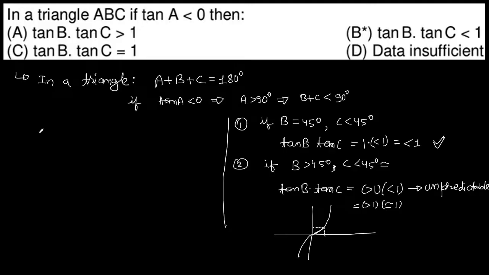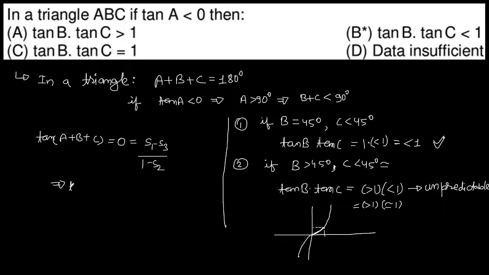tan 180 is 0. tan of A plus B plus C is 180, which is equal to 0. And we remember it is nothing but S1 minus S3 over 1 minus S2.